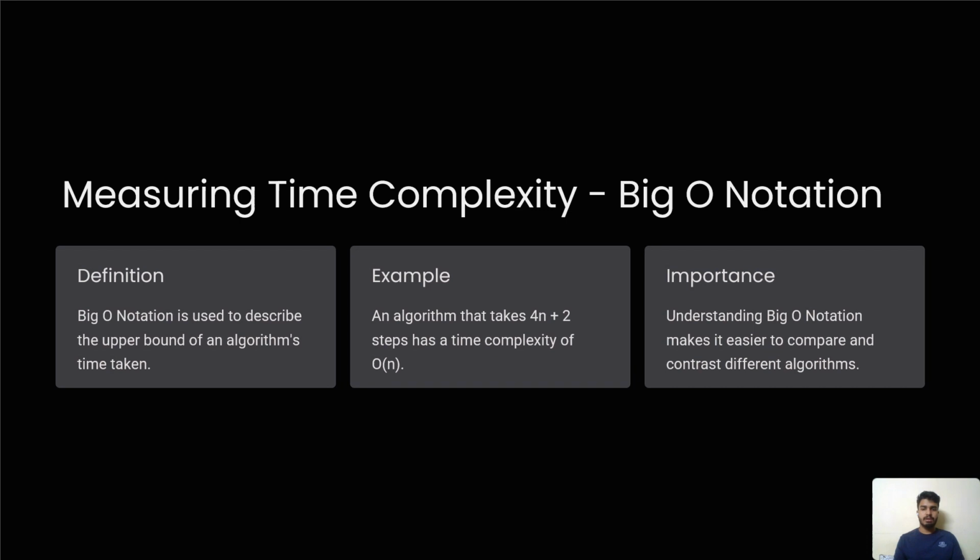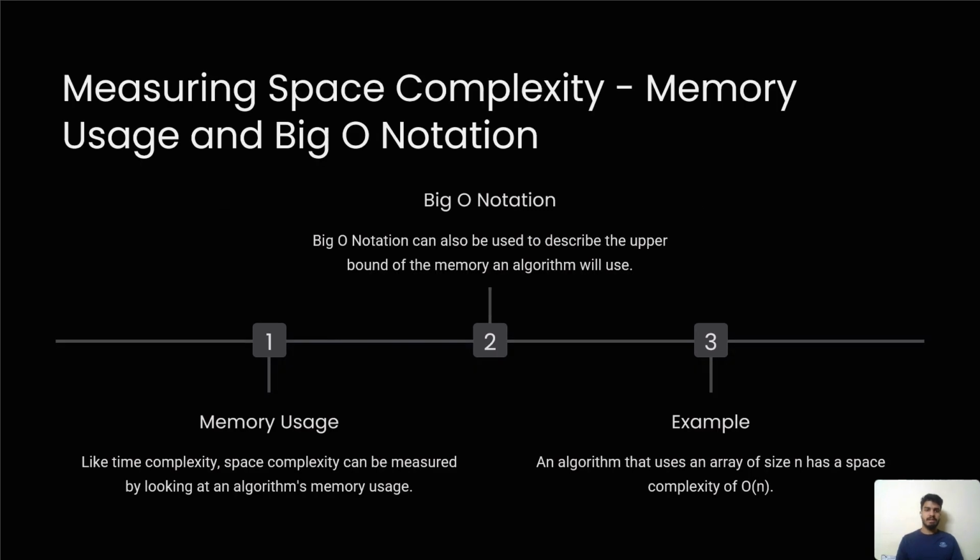Importance of time complexity and big O notation. Understanding big O notation makes it easier to compare and contrast different algorithms. Measuring space complexity, memory usage, and big O notation.